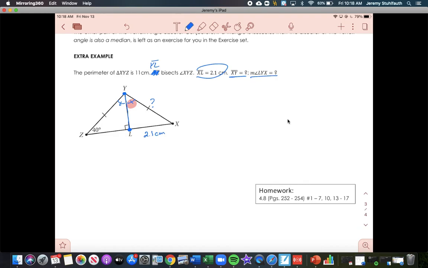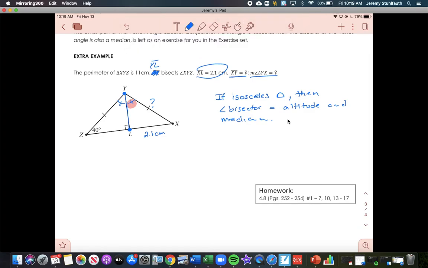First off, we know that this is an isosceles triangle. Now, what did we just learn? We learned that if you have an isosceles triangle, then the angle bisector equals the altitude and the median.